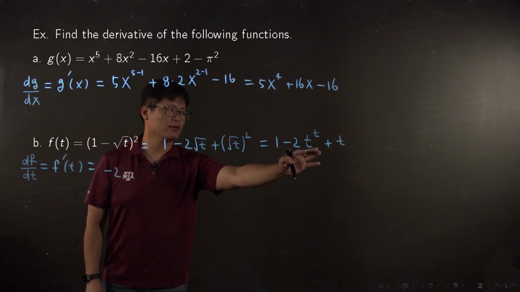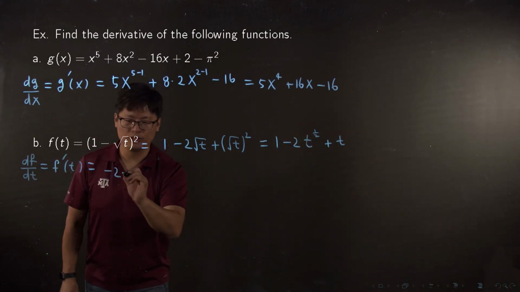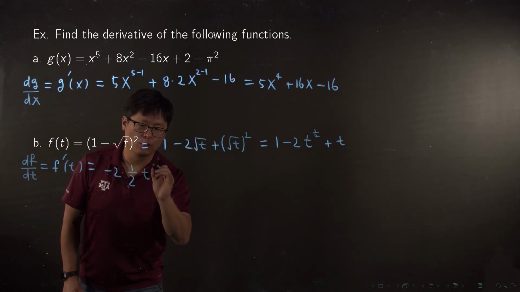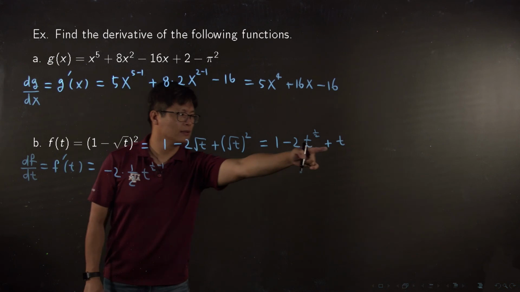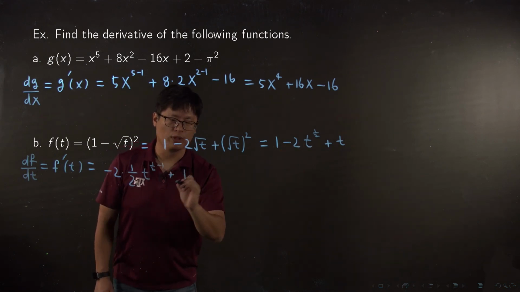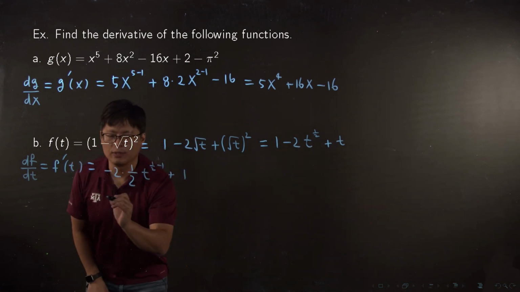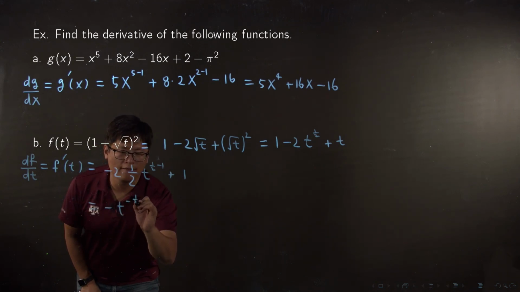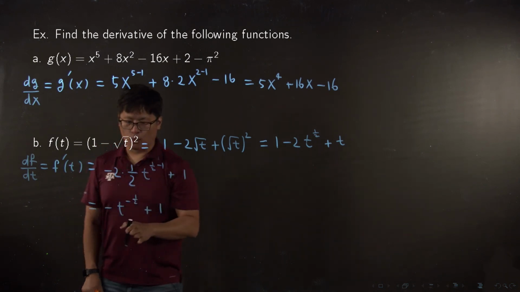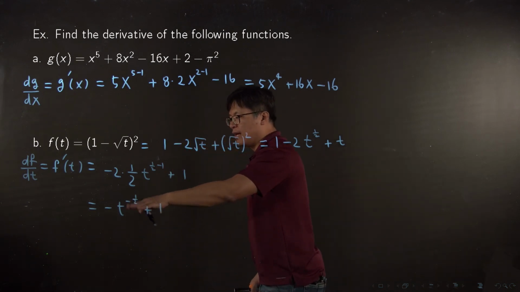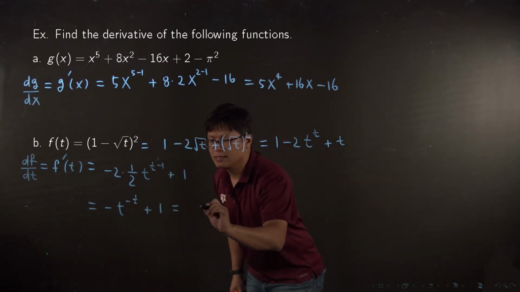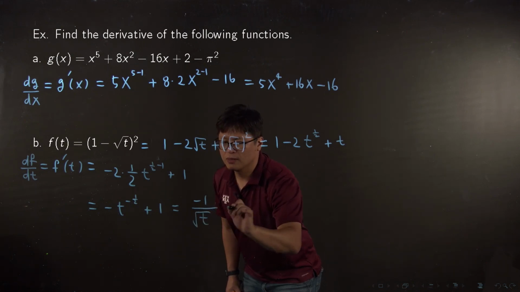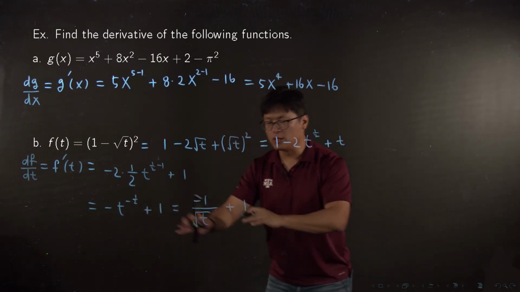And then we're going to take care of t to the 1/2 prime, which by the power rule is 1/2 t to the 1/2 minus 1, and t prime is just 1, right? So this one is equal to negative t to the minus 1/2 plus 1. Or if you don't want to use the negative power, you can write this one as negative 1 over the square root of t plus 1. But either way, it doesn't matter.